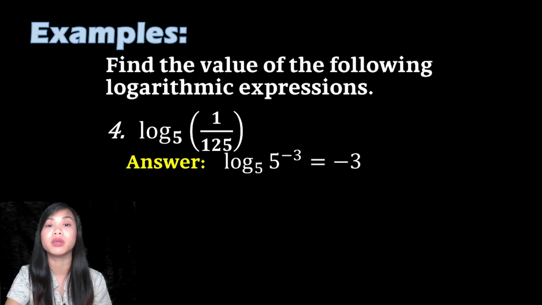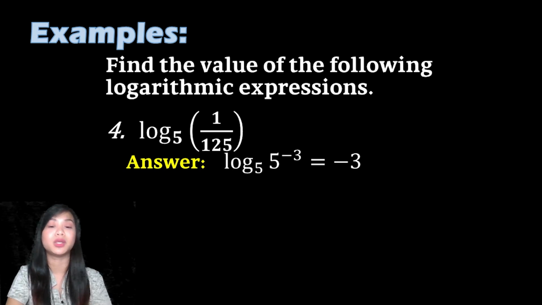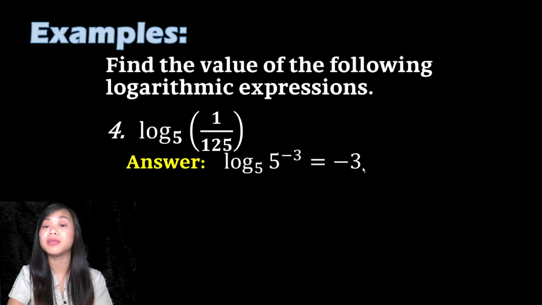So we have 1 over 5 raised to 3, and 5 raised to 3 is equal to 125: 5 times 5 is 25, times 5 is 125. So the exponent of 5 is negative 3 to have a value of 1 over 125.